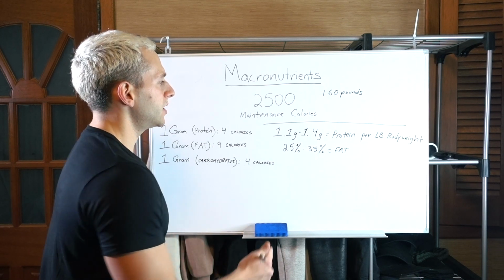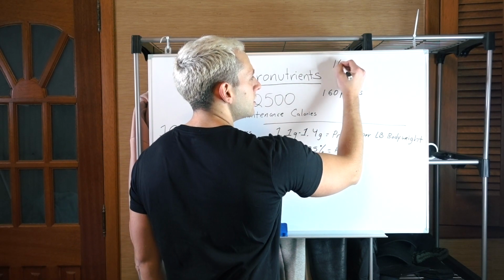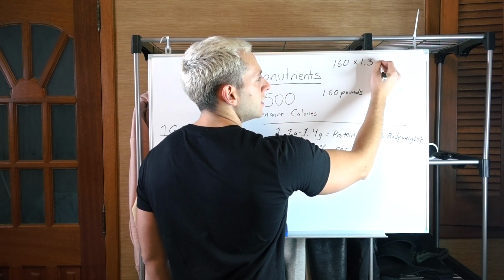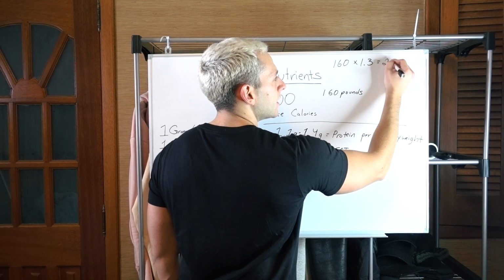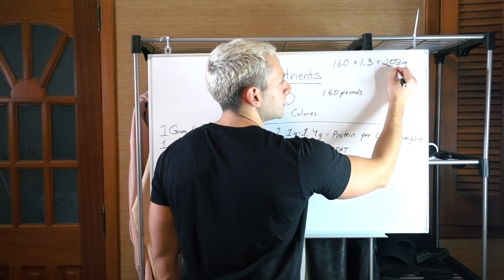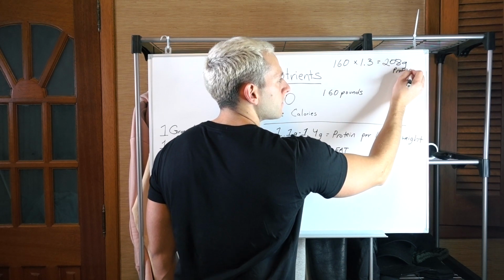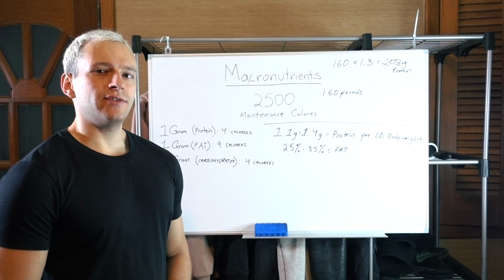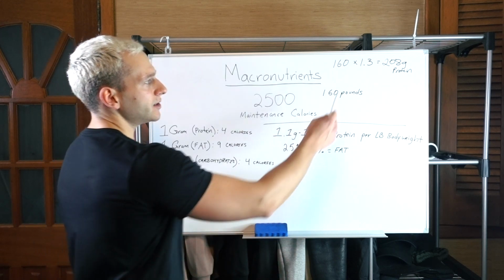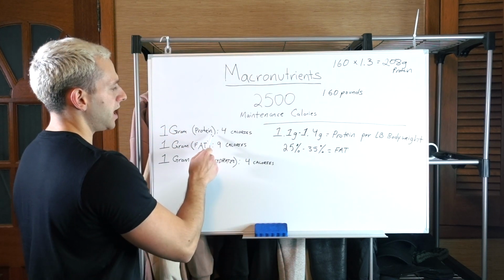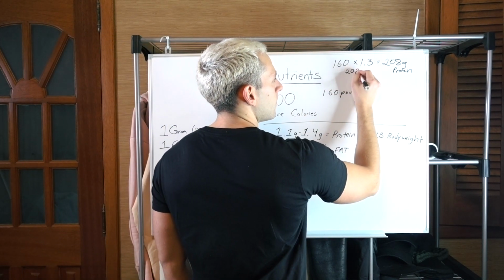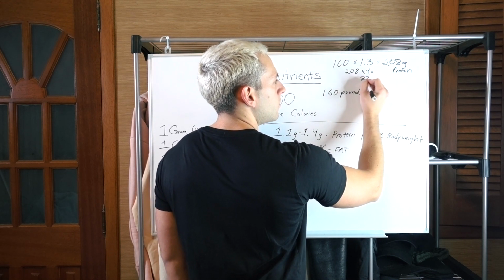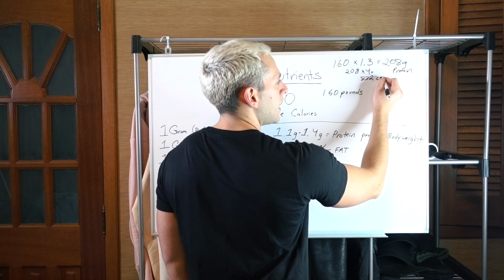So what we're going to do is multiply 160 times 1.3, which is going to be 208 grams of protein. Now that we calculated 208 grams of protein, we need to calculate how many calories that's going to be. So what we're going to do is 208 times 4, which is 832 calories.